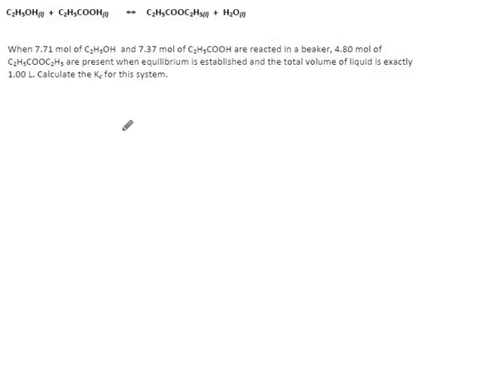Let's see. Okay, well, it's a reaction. It's all liquids, so they're all going to be included in the K. Let's just write this out again. Ethanol reacts with propanoic acid. It's propanoic because it's got 3 carbons in it, and it's oic acid because it's got the carboxyl group on the tail end.